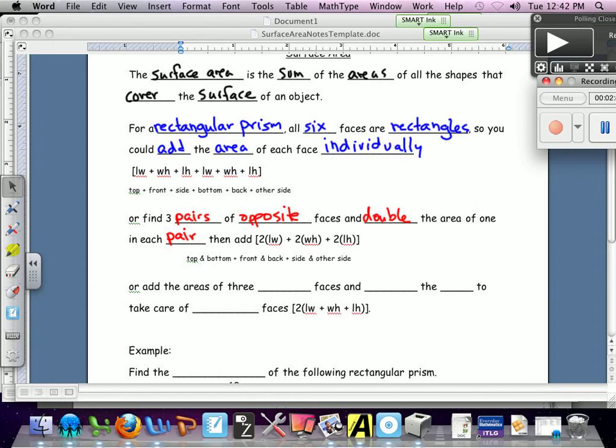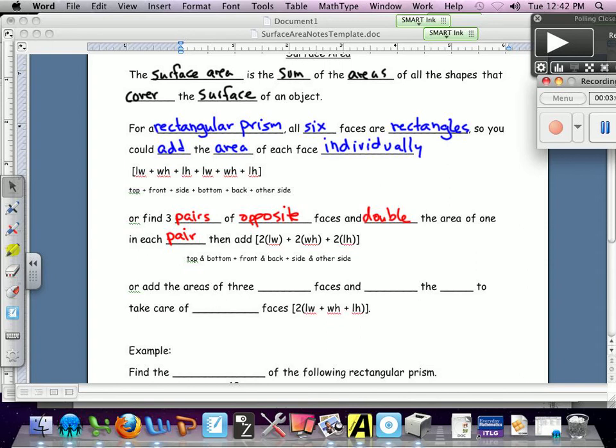And under there you can see it's because you're finding the top and the bottom, the front and the back, and the side and the other side. So a lot of times when I'm actually doing the work, I just pair things up, and then I go, okay, now I'm going to double it and double that and double that, and I'll add them all together to find all 6 of them.